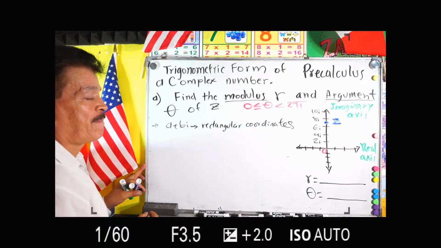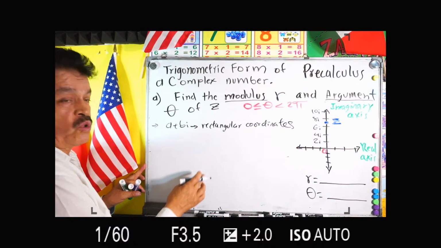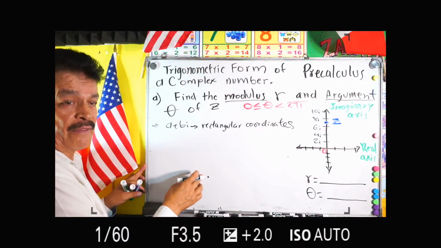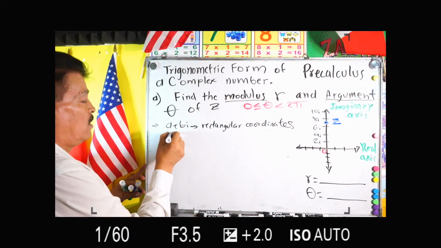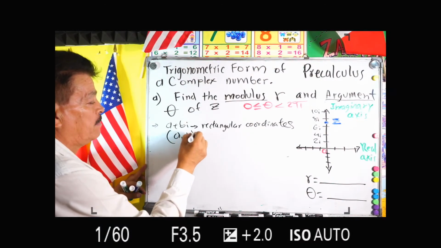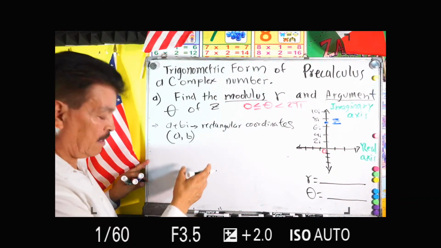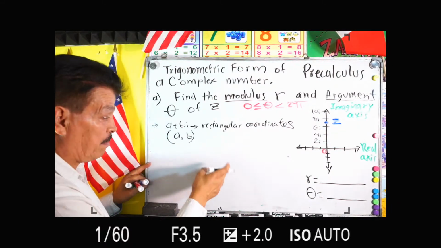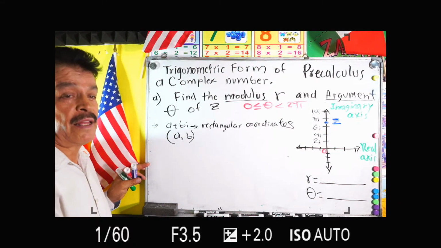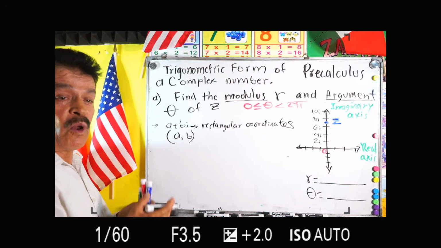You saw in the graph those coordinates a, comma b, in the picture I made. And then it has polar coordinates.